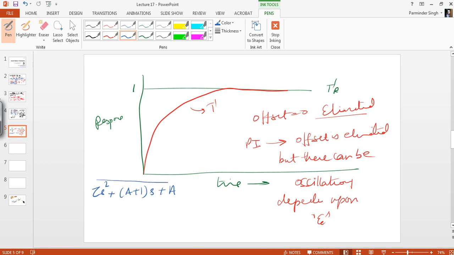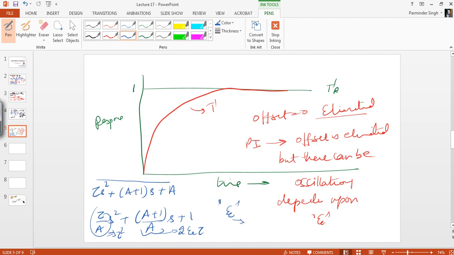But for the denominator part we need to get 1 over here, so dividing by a, it becomes tau by a s square plus (a plus 1) over a into s plus 1. So this is your tau square, this is your 2 zeta tau, and from here you can find out the value of zeta.